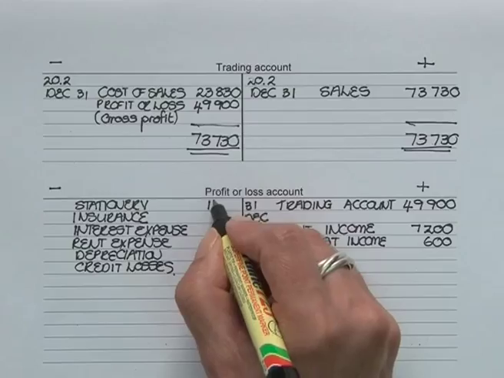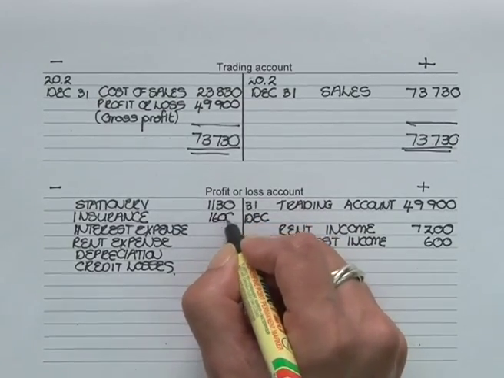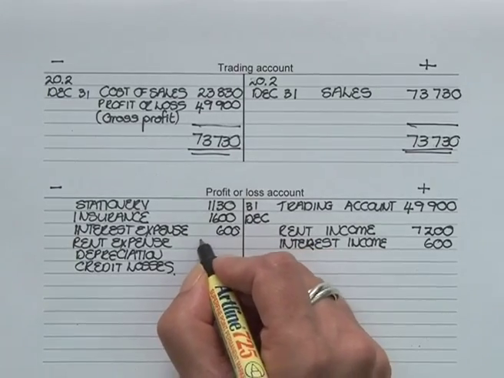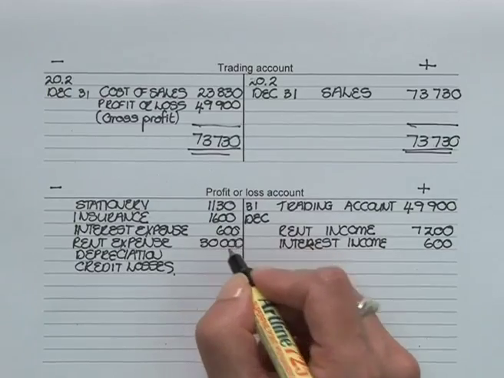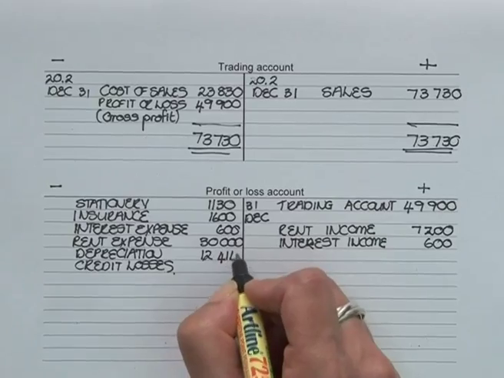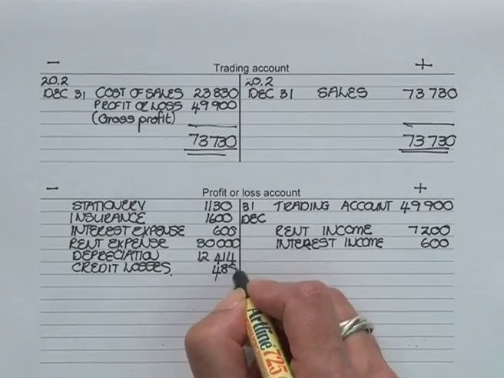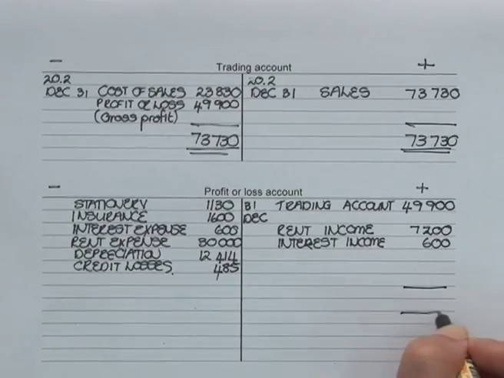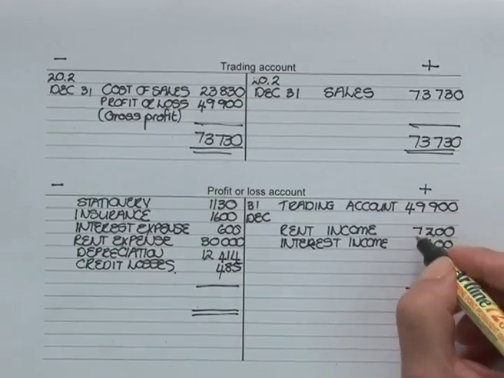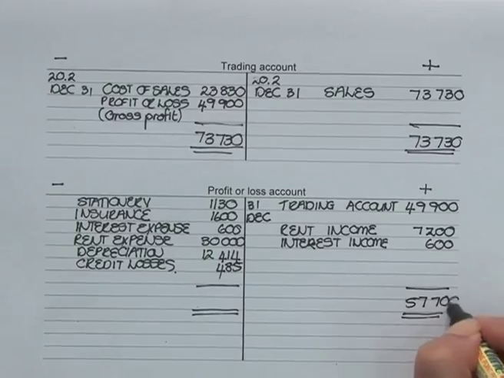So all of these expenses will decrease my profits. And then I can determine the balancing amount in this profit or loss account. It can either be on the debit or the credit side. So we first need to determine what the total is. Okay, so if we add up the credits, we'll see they add up to 57,700.